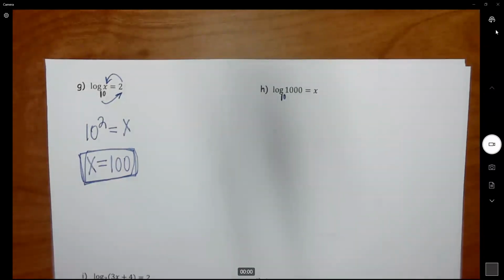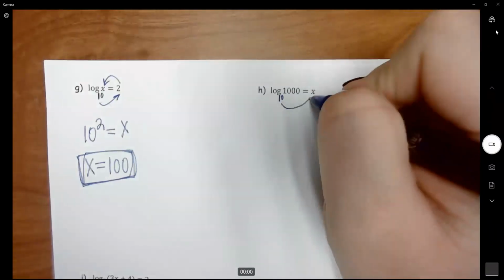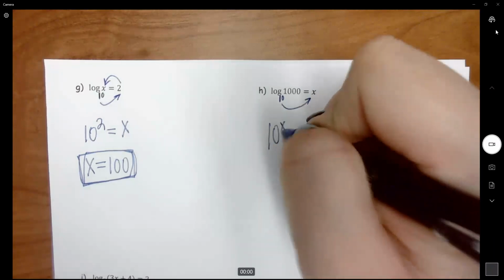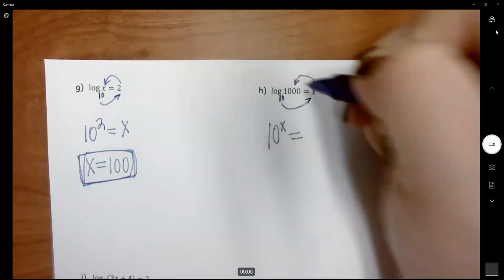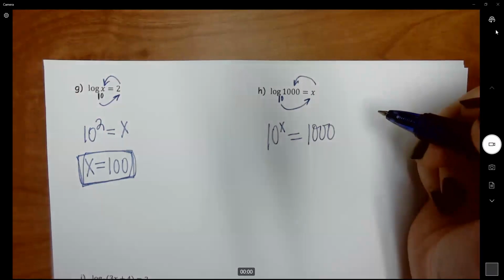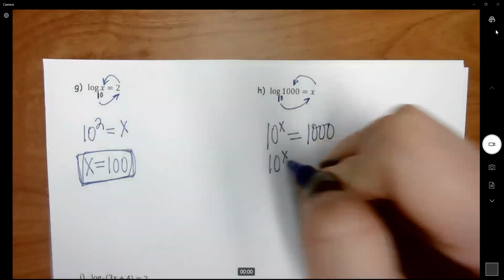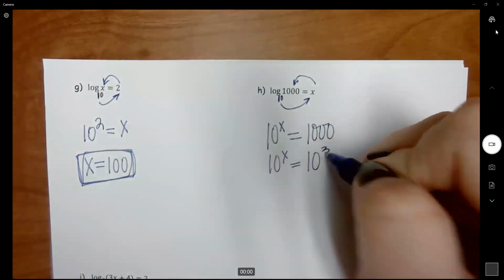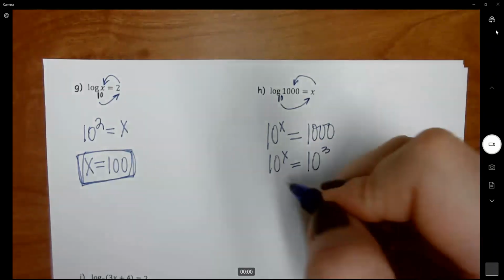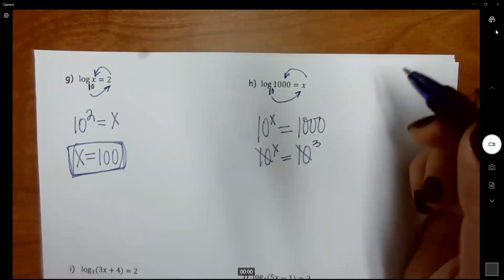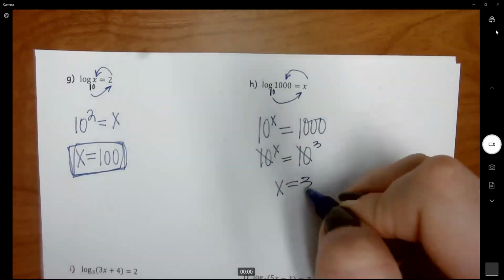This is again a common log. So this has a base of 10. So 10 to the x power equals 1,000. I need to rewrite 1,000 with a base of 10. And that's 10 cubed. You cancel out your common base of 10, and so therefore x equals 3.